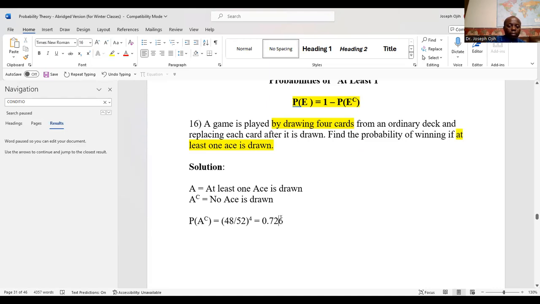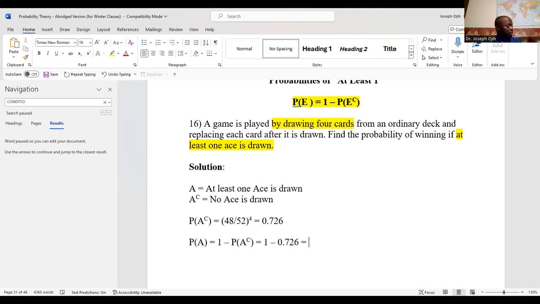So P of at least 1 ace, that means P of A, will be equal to 1 minus P of A complement. That will give us at least 1. So that will give us 1 minus 0.726.